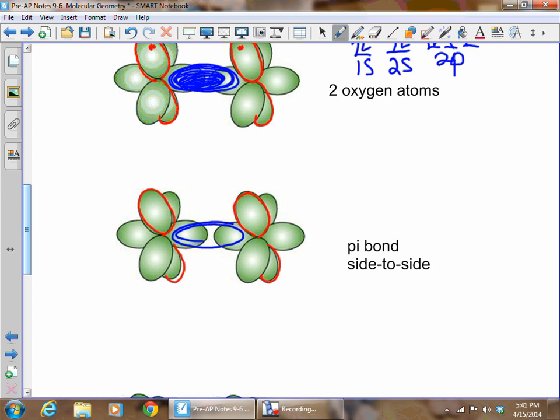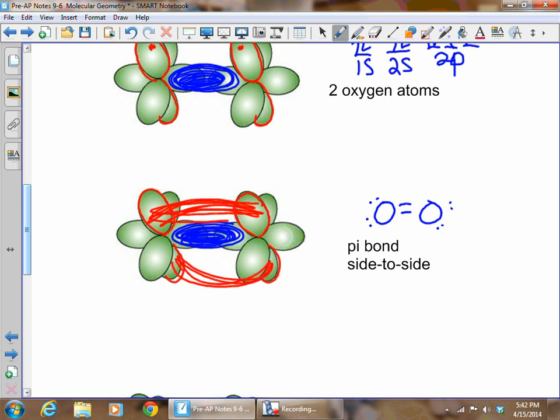If we force this to come closer, which it would have to do in order to form this next bond, because oxygen is going to do a double bond, it's not going to be a head-to-head bond. It's not going to be another sigma bond. It's going to be a side-to-side bond. And this is what happens. We get this blending across the top, and we get this blending across the bottom.